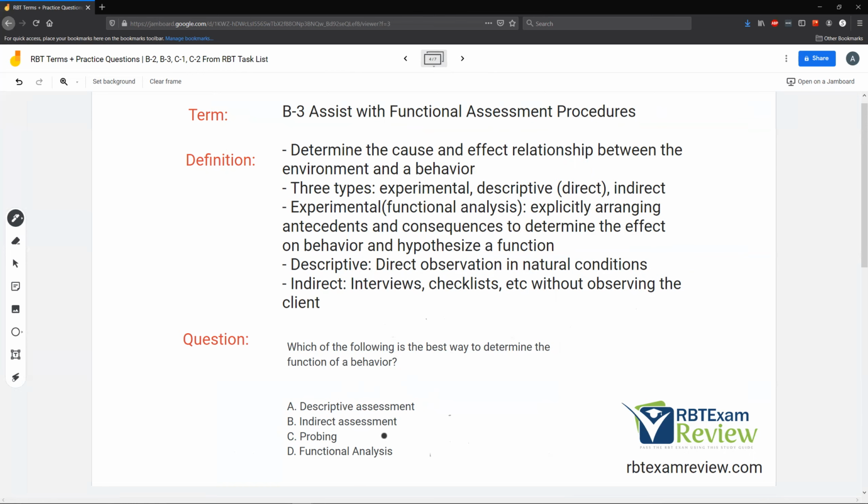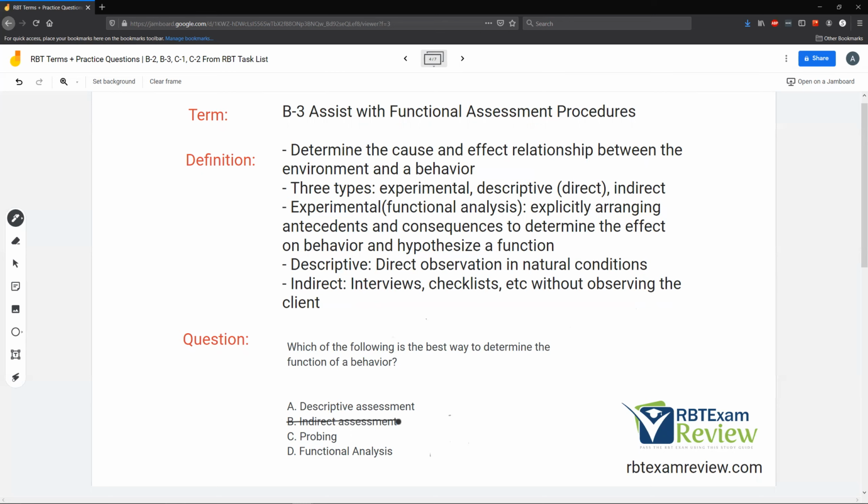We're just asking questions, which can be misleading. When you're interviewing people and people are filling out surveys and checklists, they can lie, they can be biased, they can misremember things. So a lot can go wrong with indirect assessment. You should never ever determine the function of a behavior based solely on indirect assessment.